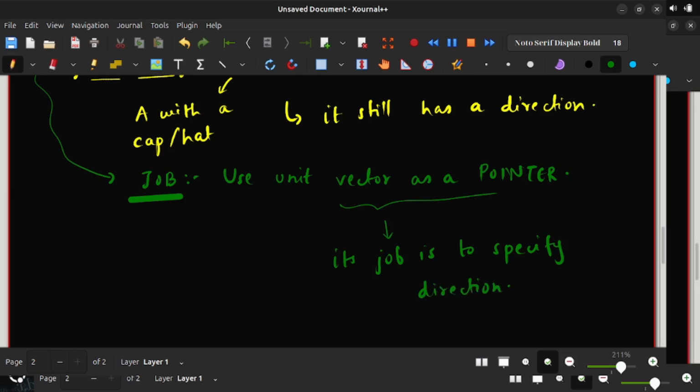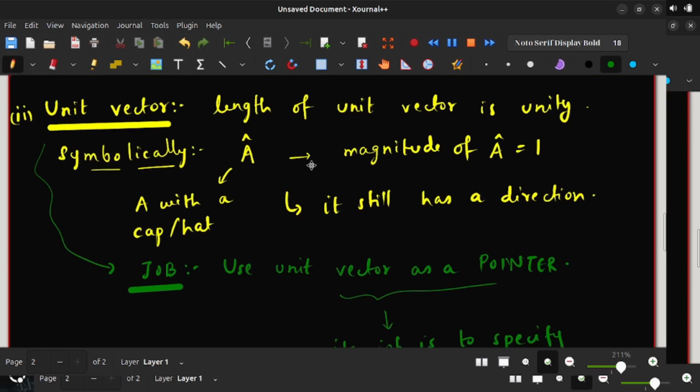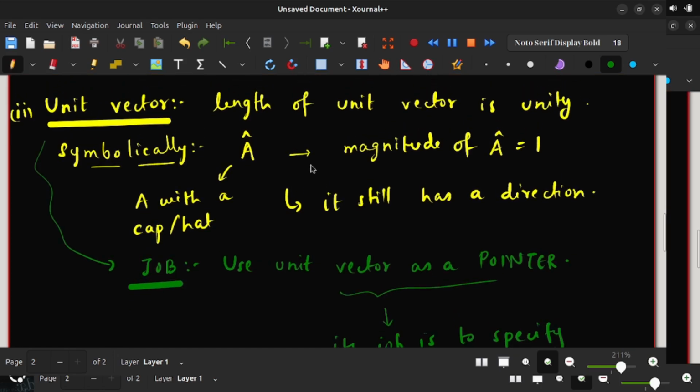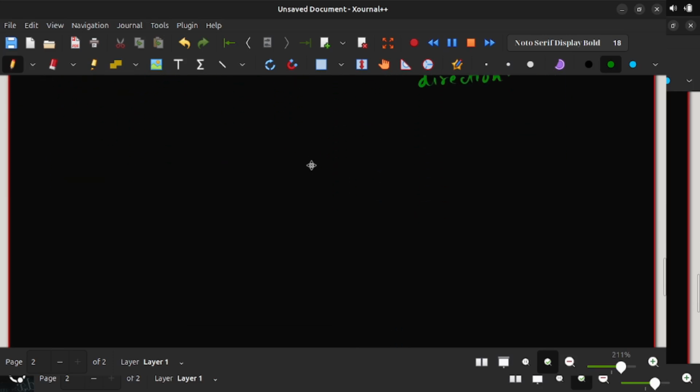And you will understand the use of a unit vector in the coming lectures. For now, the main two things about unit vectors are that the length is 1, and it has a direction that is used as a pointer. Okay. What about the third thing?